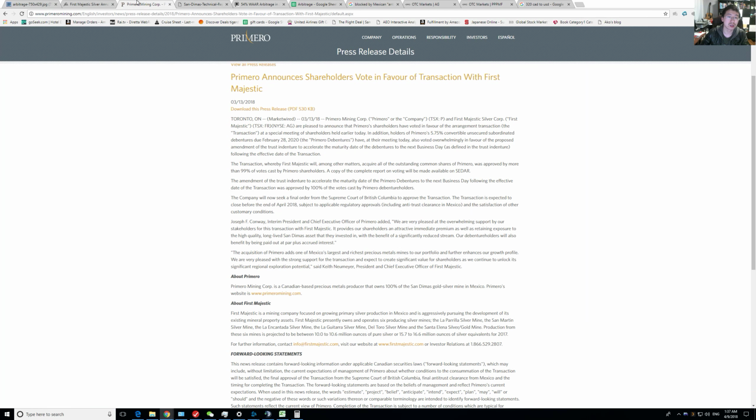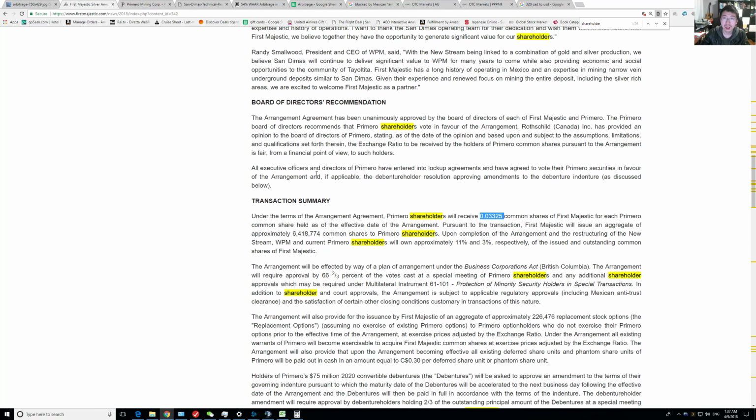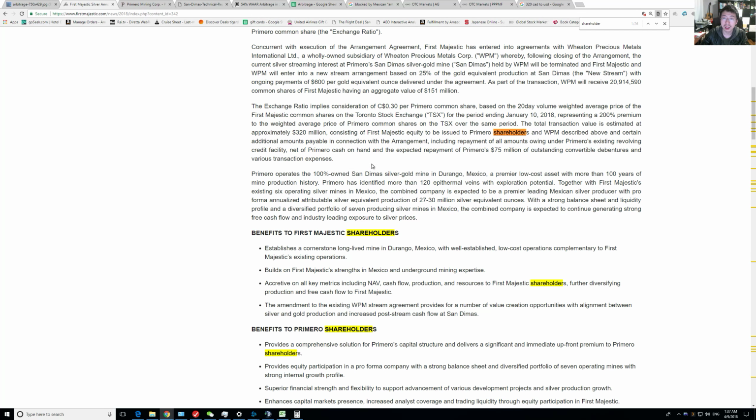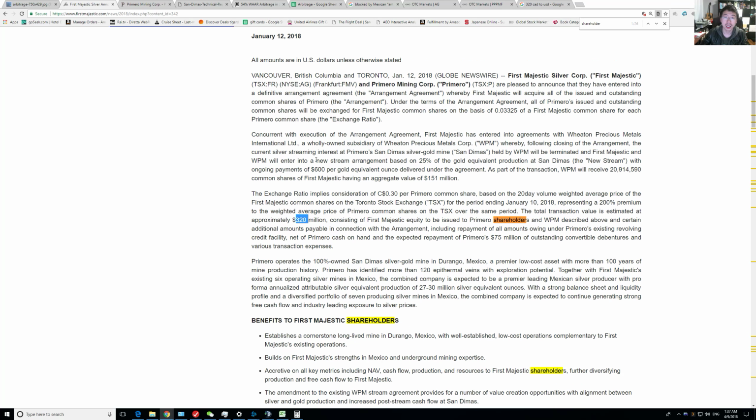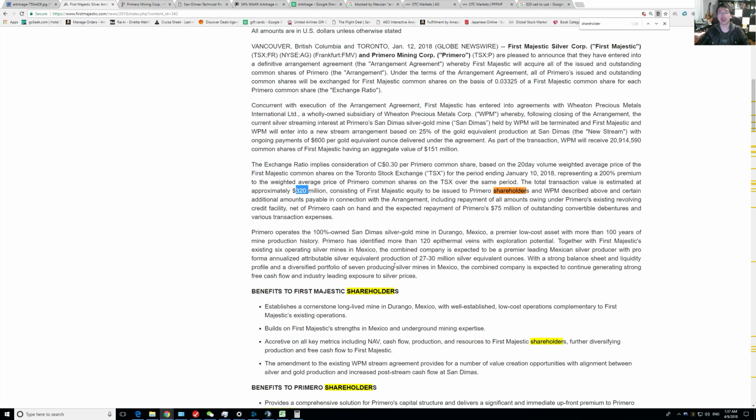And the transaction size is 360 million, I think. Valuing it something like $320 million. Yeah. And these are Canadian dollars too. Oh, sorry, US dollars. Yeah, these are US dollars. So 320 million. First Majestic bought something that potentially can produce $1 billion.